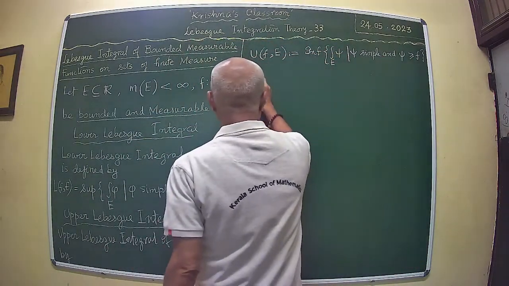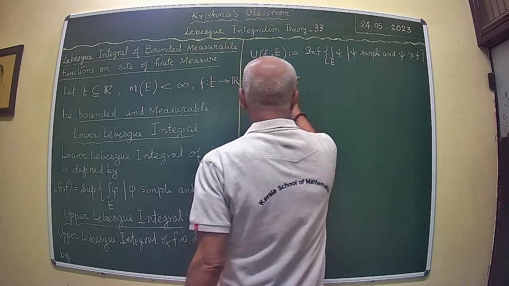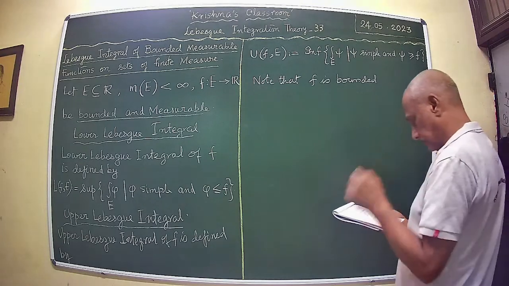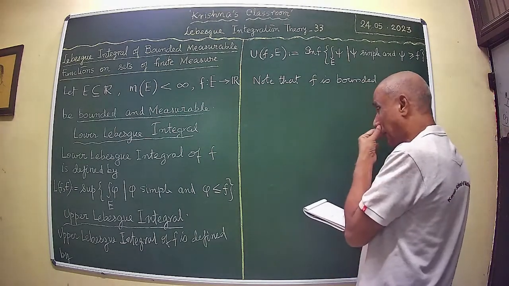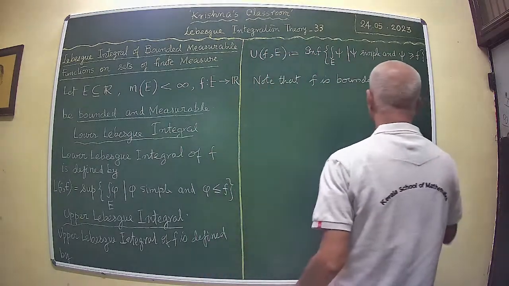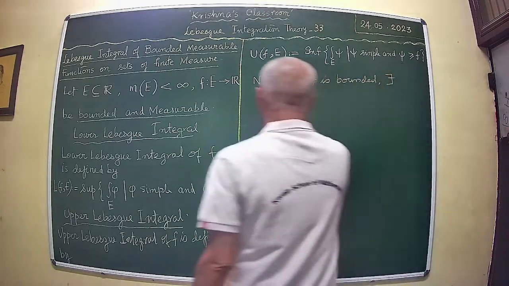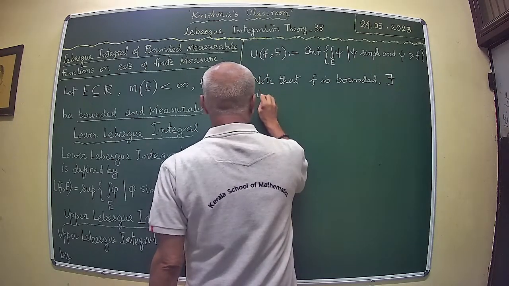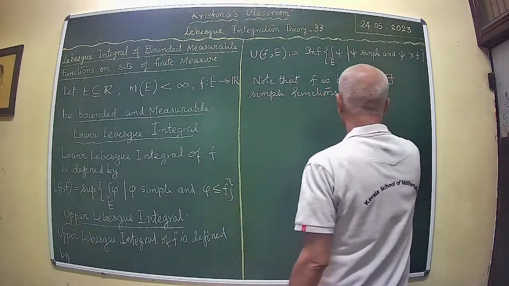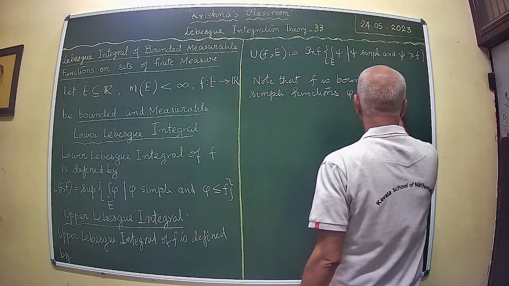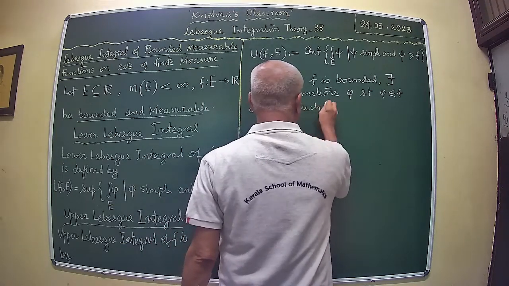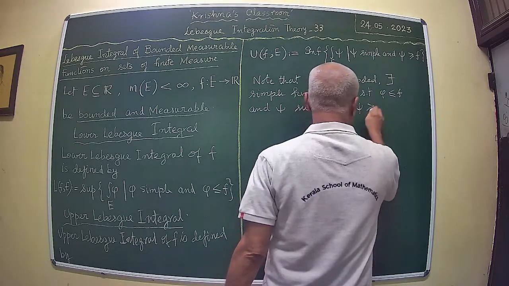Note that f is bounded, so there exist simple functions phi and psi such that phi is less than or equal to f and f is less than or equal to psi.